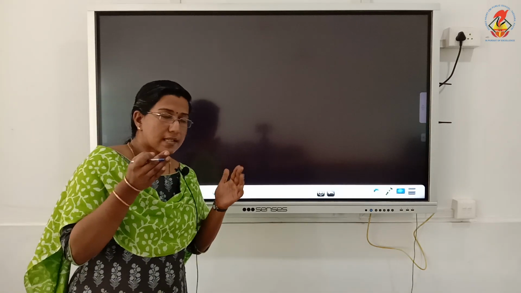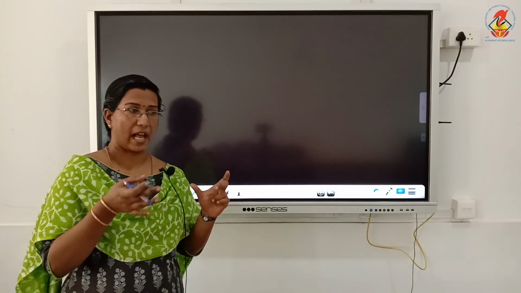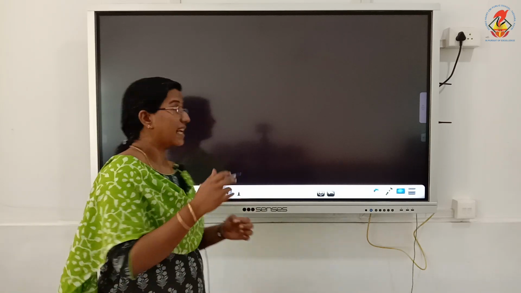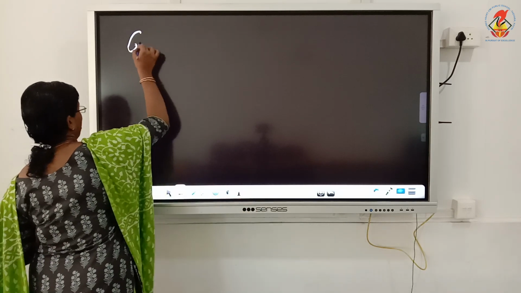Next, we are going to see what is gravitational potential. Actually, there is a slight variation in the definition of gravitational potential energy and gravitational potential.